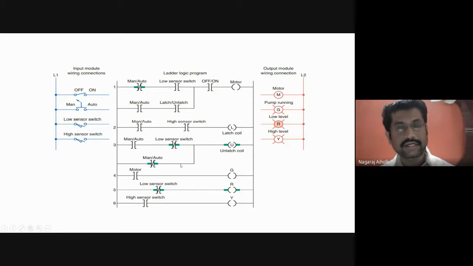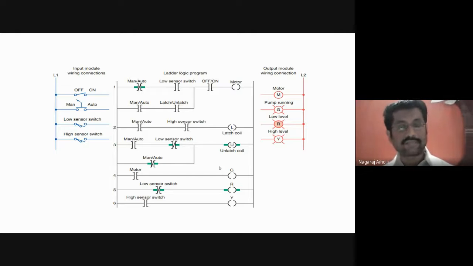So once we release it, again we don't need the status bit, that is the latch condition, because we are releasing the manual mode also, and the automatic mode also. Suppose it is released in the manual or automatic mode, both are released after the latching of the condition. After the latching of the condition, we don't require the status bit, is it not? It is already in latch state.